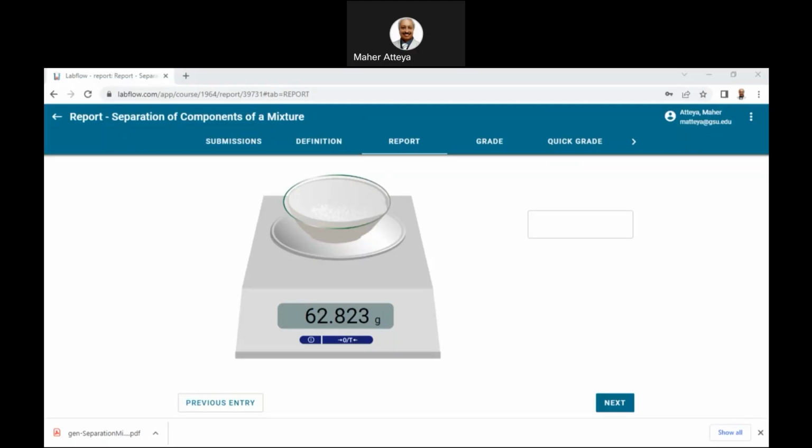Will cool down the solution and reweigh the crucible, crucible number 2 with the watch glass.